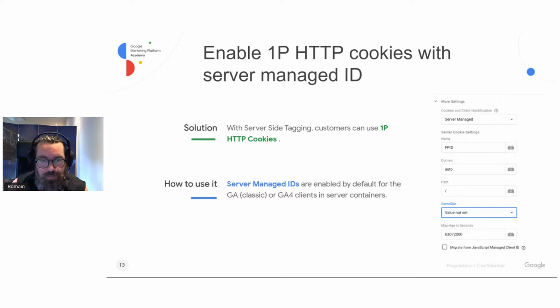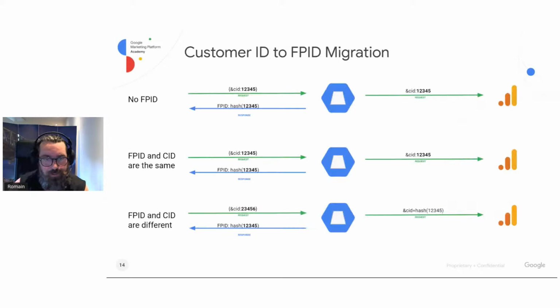I want to explain a little bit how this works and show you the different options. What we call server managed IDs, we call FPID. So FPIDs are HTTP cookies. If we decide not to use it, basically nothing changes. The CID stays the same in Analytics, and we don't use the FPIDs at all.